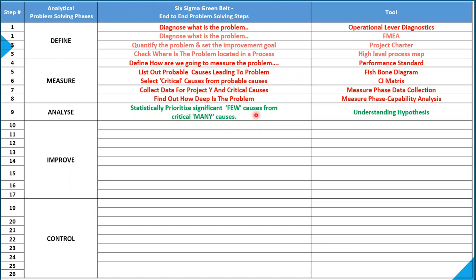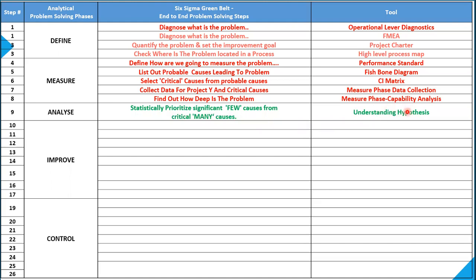Critical causes are from the CI matrix, right? By using statistical testing. But right now, in this particular video, we'll try to understand the foundation of statistical analysis, that is understanding hypothesis. So what is hypothesis? We are going to move into it.